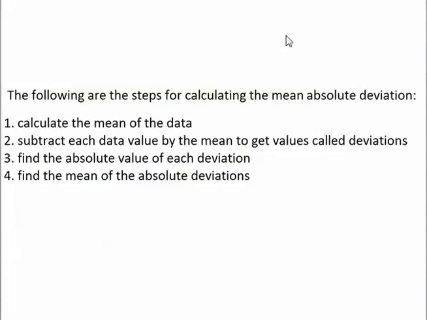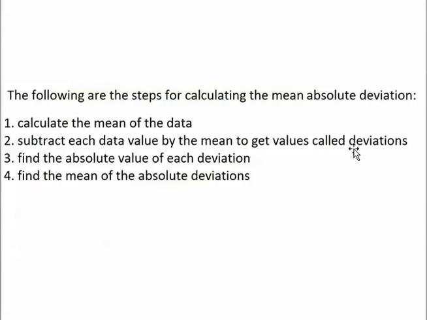So any data value that's below the mean will have a negative deviation. Also, any value that's above the mean will have a positive deviation, because the mean is 60 and one of the values is 64 inside of the data set. When you subtract the 64 by 60, you get a deviation of +4.